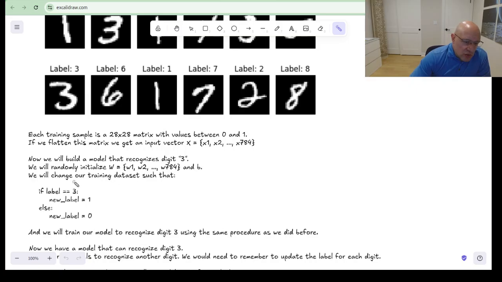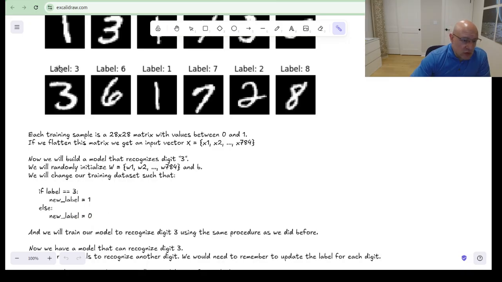So there is only one change that we need to make to our data set. We change the label in our dataset such that if the label was digit 3, we create a new label 1, which means it's a positive example, and any other label, whether 6 or 7 or 2 or 8, will say 0, which means it's a negative sample.